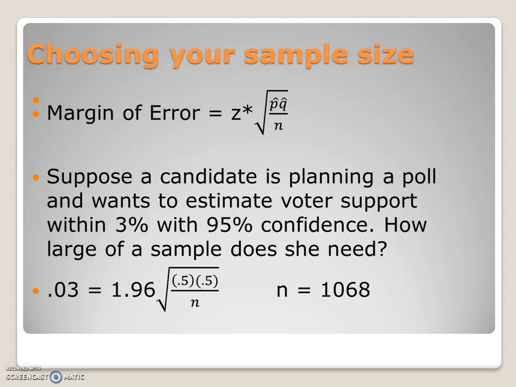So it's 50-50, but we don't know the sample size. So this is where a teensy bit of algebra comes in. You would have to divide the 1.96 over to the 0.03 side, square it, and then do the 0.5 times 0.5 divided by whatever that answer was over there to get n. If you're struggling with figuring that out, I have no problem working it out so that you can see it, but it's just simple algebra.